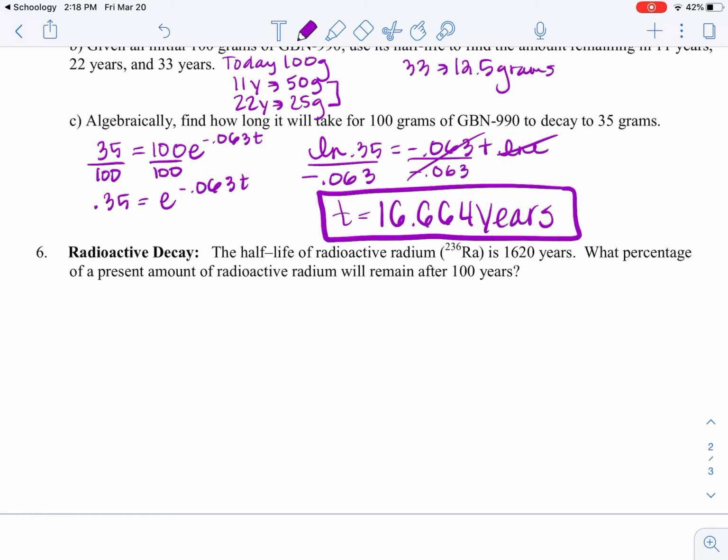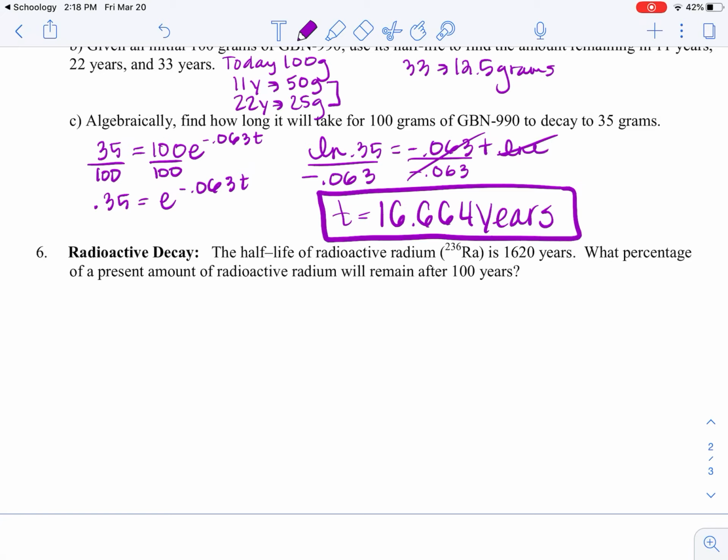So if you look at what we were given, did I give you the initial amount? Nope. Did I give you the final amount? Technically no, but yes. Half of the original amount. Did I give you the rate at which radioactive radium decays? No. Did I give you the time? Yes.